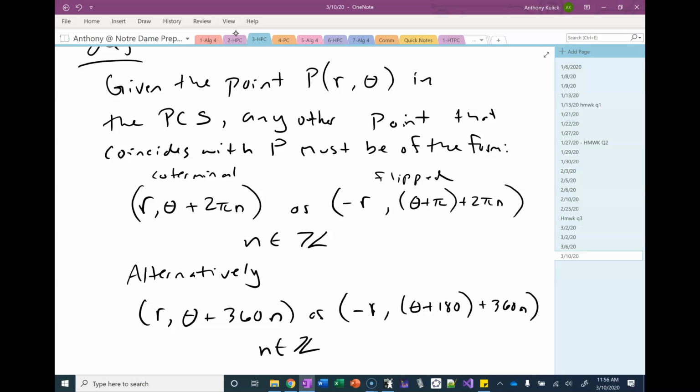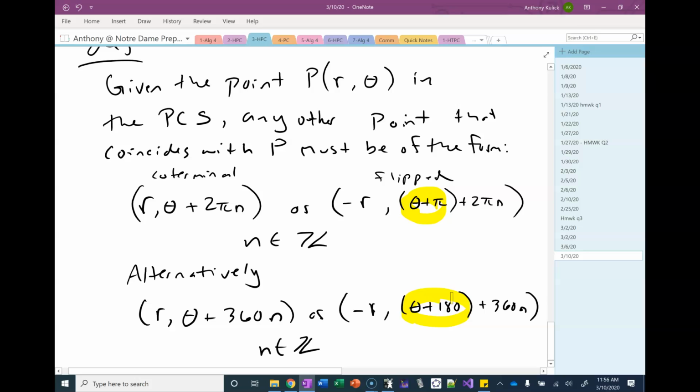Okay. It's worth pointing out here that these parentheses are not optional, that is absolutely like a required set of parentheses, that we make sure we need to add that 180 degrees before we add the 360s for the coterminal part.